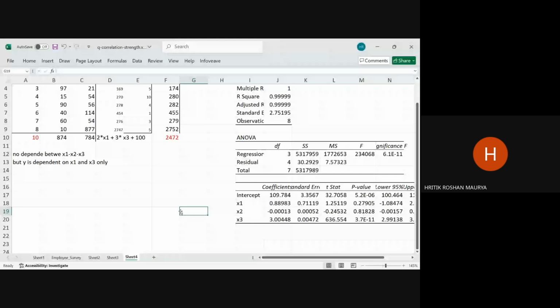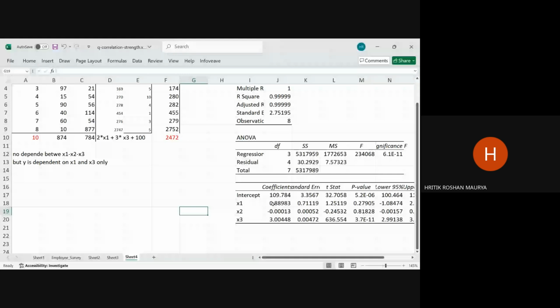If I go here in the data tab and go to the regression, let me select the labels also. Output I want here itself. So you can see the values are here.